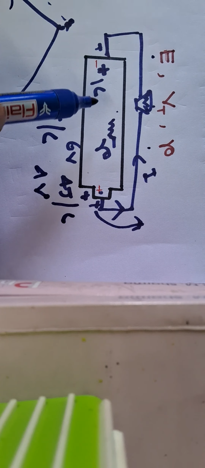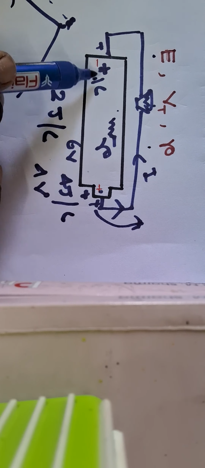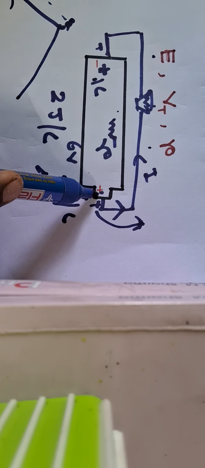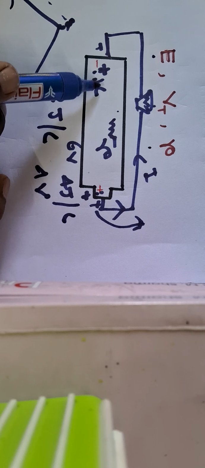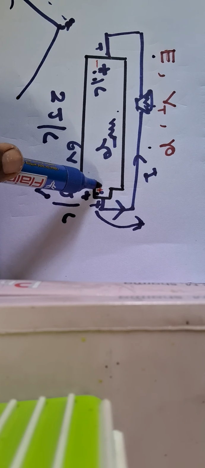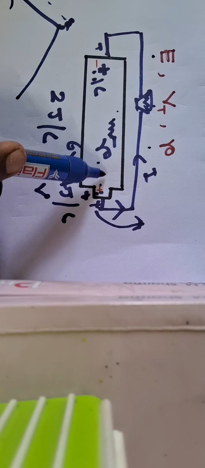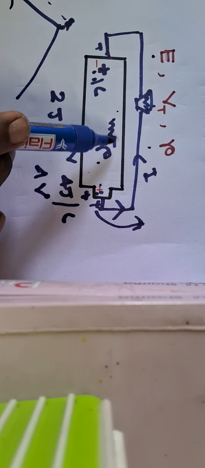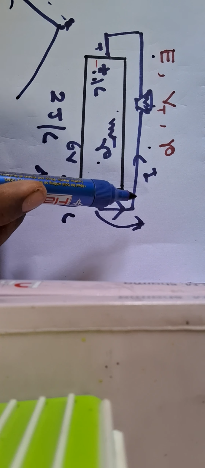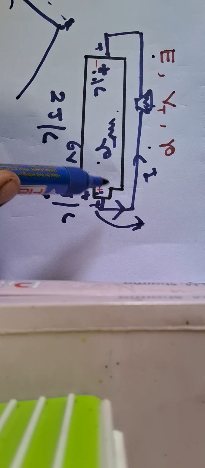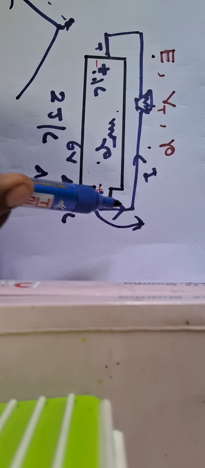In a similar way, to bring 1 coulomb of charge, the battery has to do work because it is the positive terminal, it will repel this positive charge. The battery will push the charge and bring it up to this, and in doing so, due to internal resistance, it loses some amount of energy, say 2 joule. That means what amount of energy will the charge gain? 4 joule of energy.